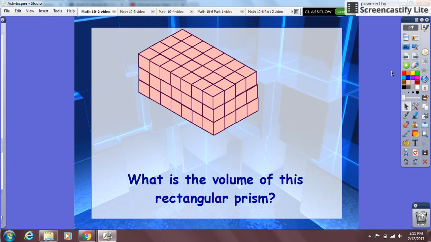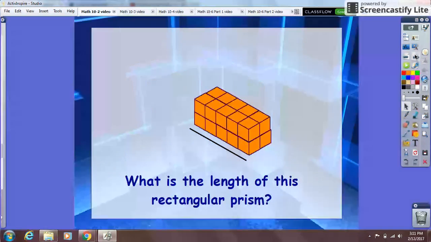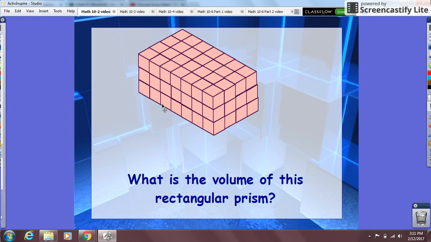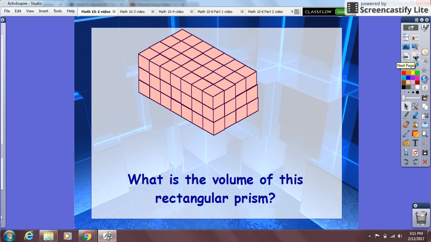So to find the volume of this rectangular prism, we would want to multiply those together. And we would multiply 7 times 4, which is 28. And then we would multiply 28 times 3 to get our volume.